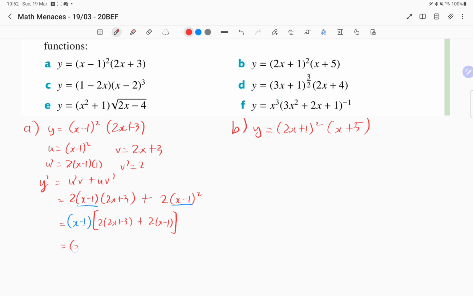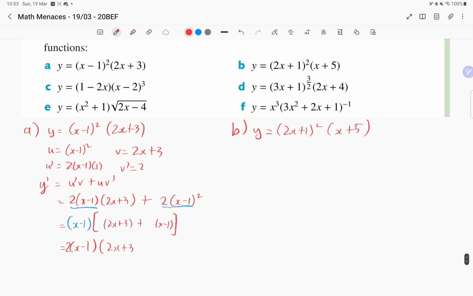So for question A, I'm taking out a common factor. Yeah, actually I'll take out even the 2 and the common factor so that the brackets are a lot simpler. Can't you cancel out the 2's? What do you mean by cancel out the 2's?